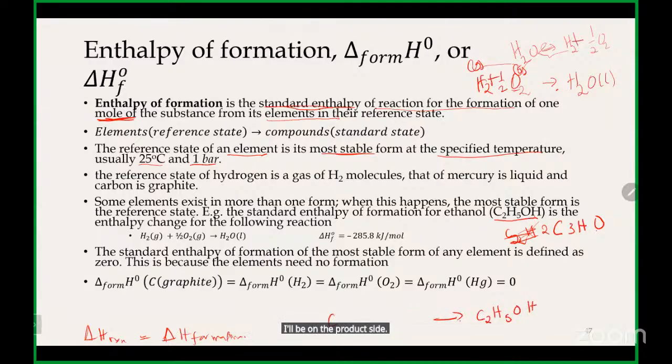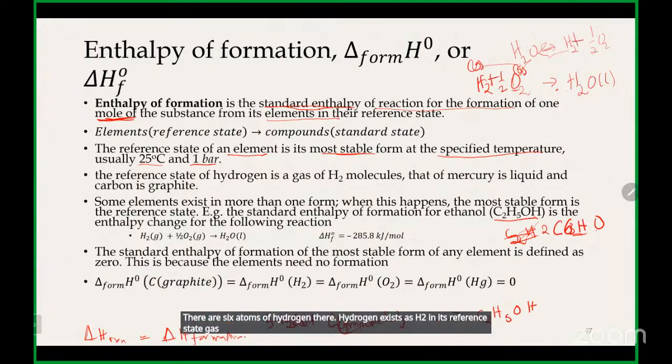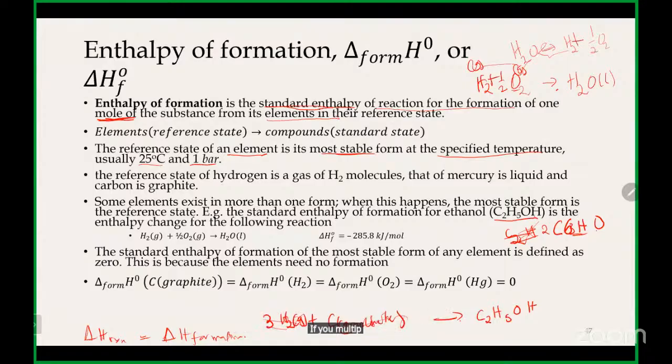So carbon, the reference state of carbon is graphite. It is monoatomic. Graphite plus the 6, oh sorry, not 3. There are 6 atoms of hydrogen there. Hydrogen exists as H2 gas in its reference state, so H2, if you multiply by 3, you get 6.